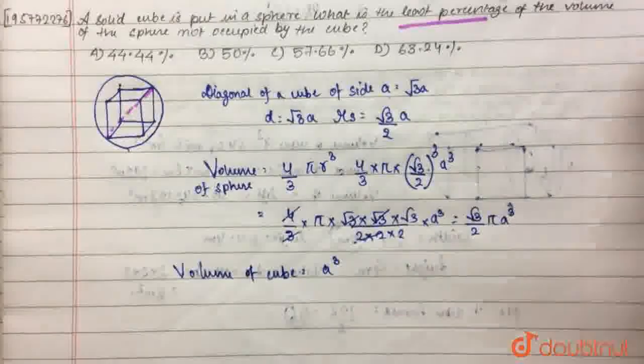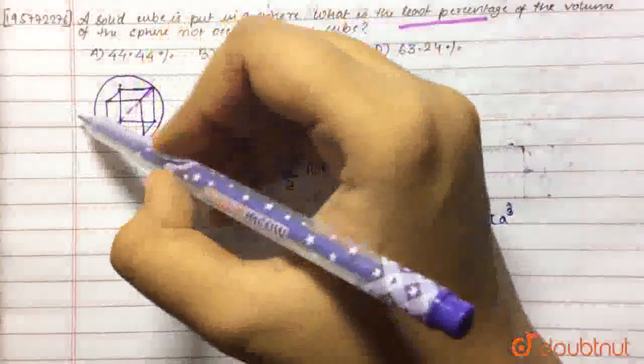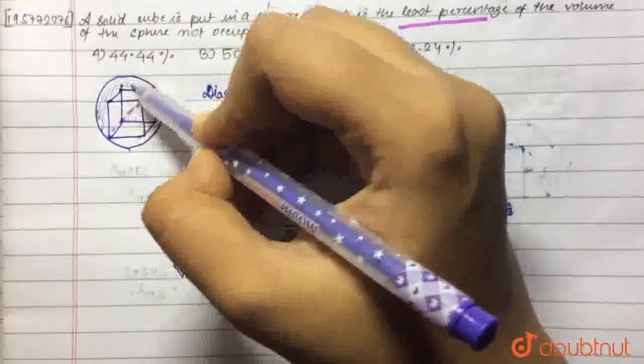So now it is said, what is the least percentage of volume of the sphere not occupied by the cube? That means this volume we are talking about, which is not occupied by this particular cube.